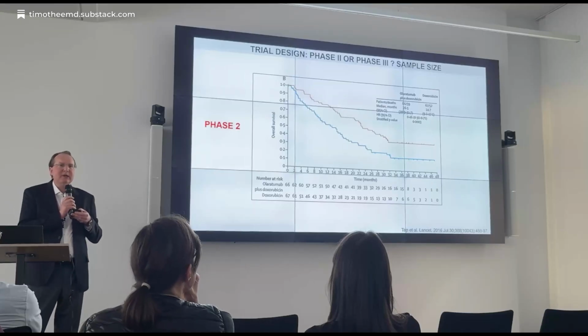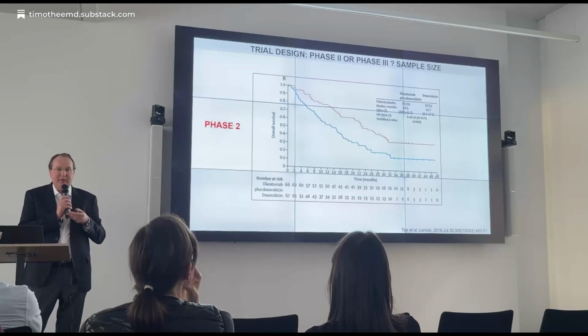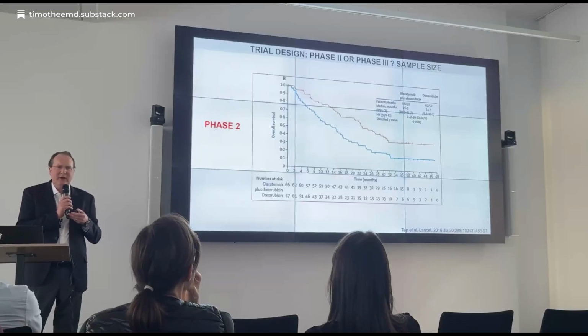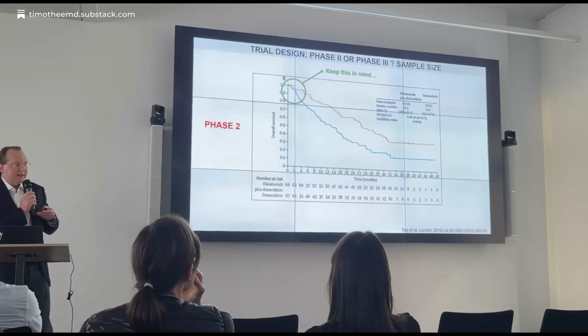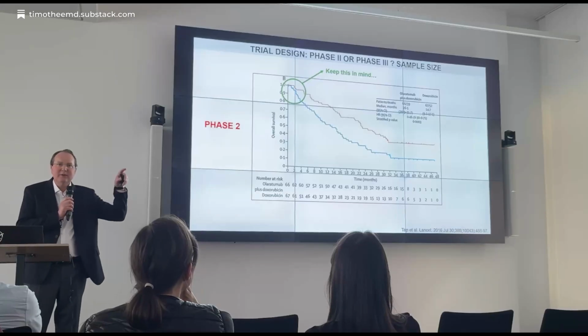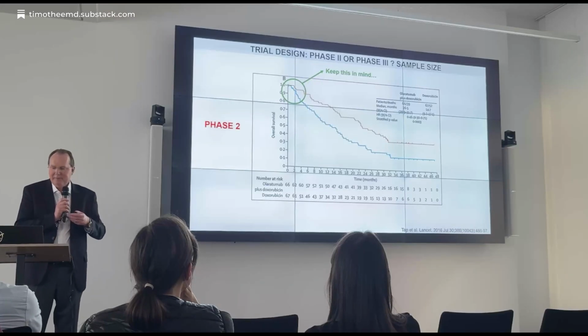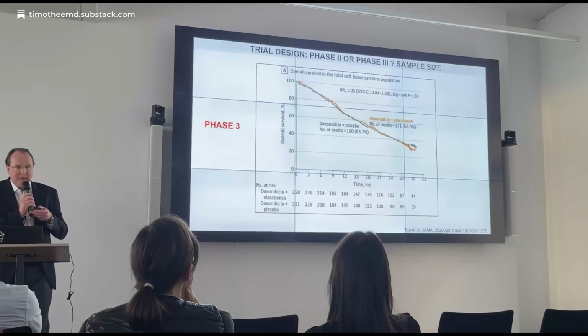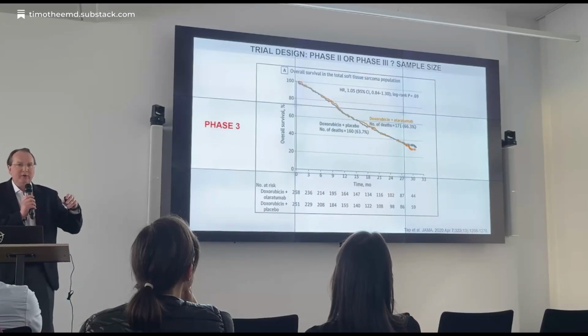So of course it had to be confirmed in a phase 3 trial, but the product was marketed. I don't know in Europe, but it was marketed and on the market in the US for some years. And keep this shape of curve in mind, when you have an early separation, keep it in mind for later. The phase 3 trial was run, and it was called negative.